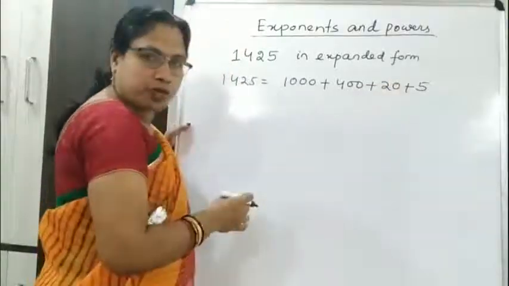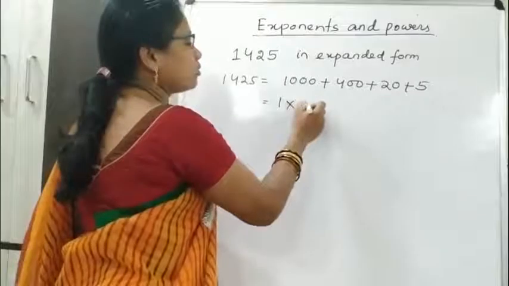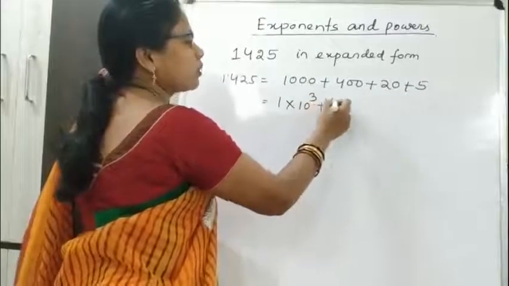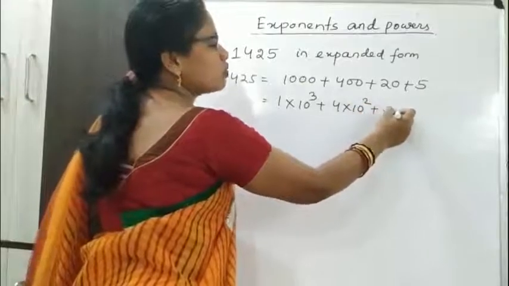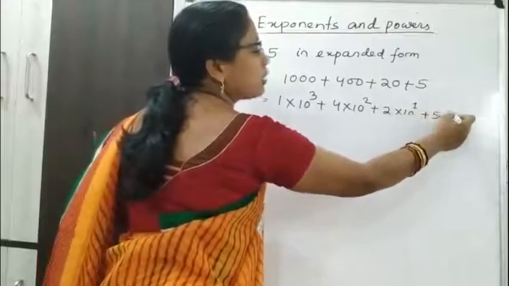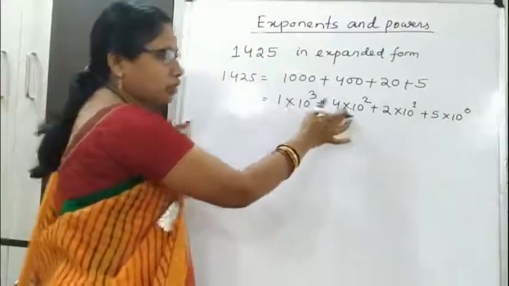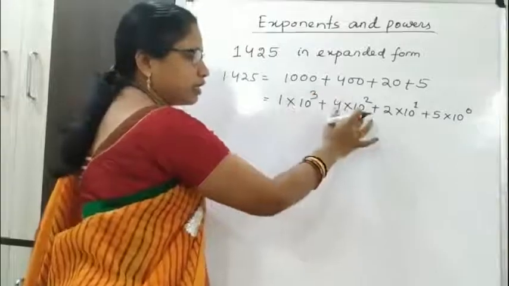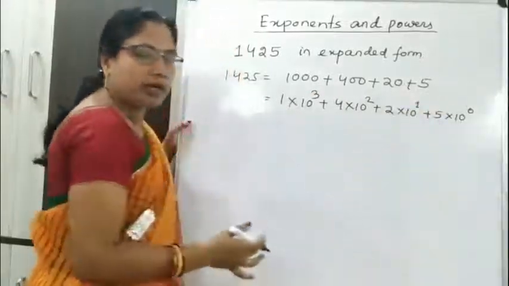So in exponential form we can write it as 1 into 10 to the power 3 plus 4 into 10 to the power 2 plus 2 into 10 to the power 1 plus 5 into 10 to the power 0. So here in this way we use exponents 10 to the power 3, 10 to the power 2, 10 to the power 1 and 10 to the power 0.